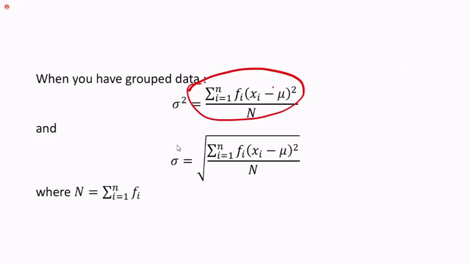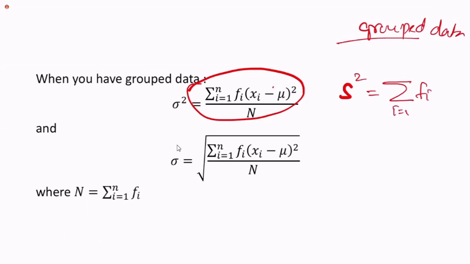So if we have sample variance for group data, right? Group data means we have frequencies values. We write this formula as sigma fi, i goes from 1 to n, fi times xi minus x bar squared divided by, instead of n minus 1, we write sigma fi minus 1.